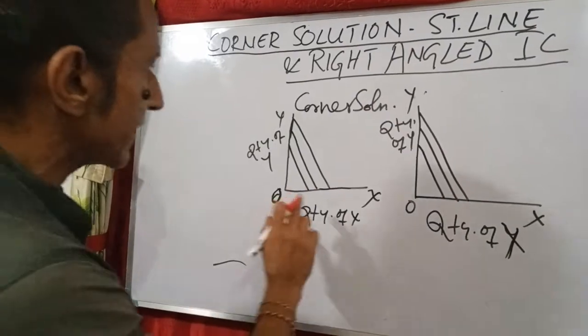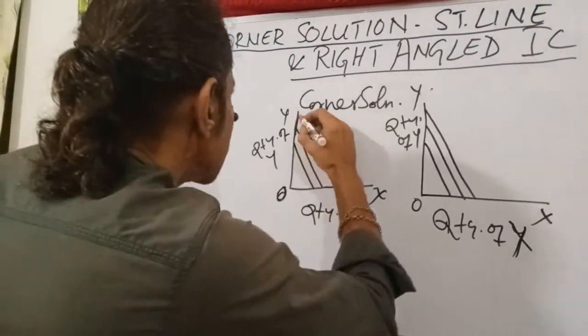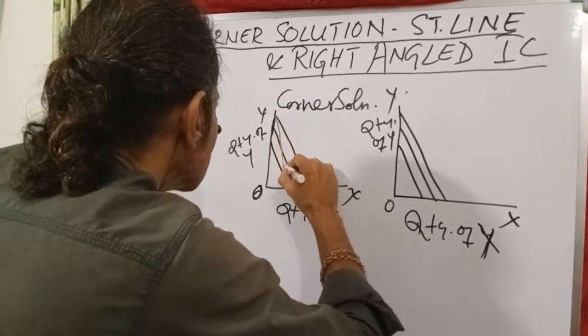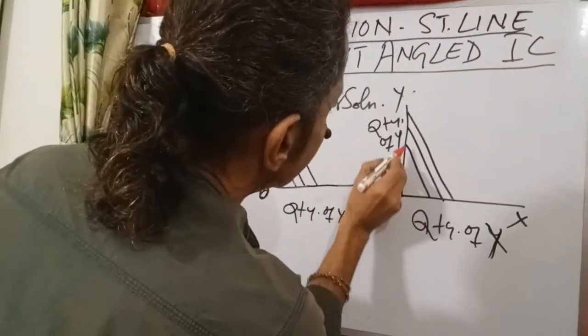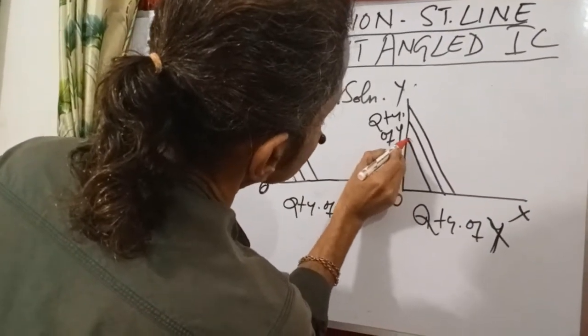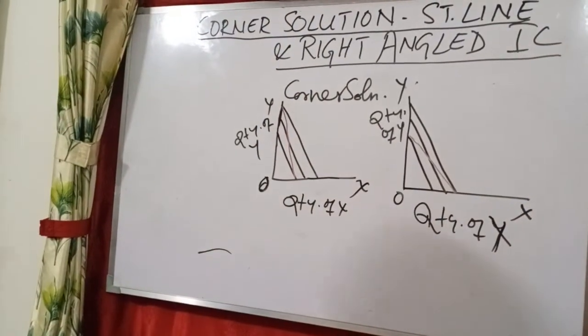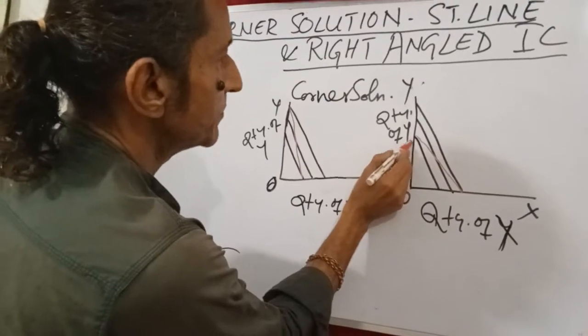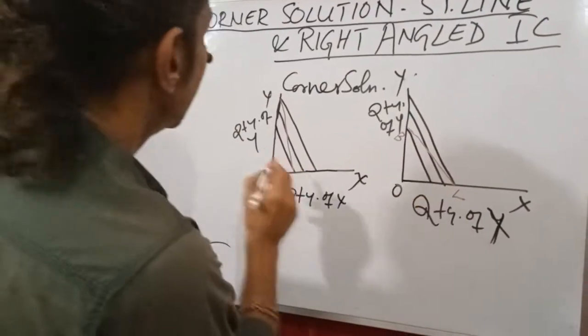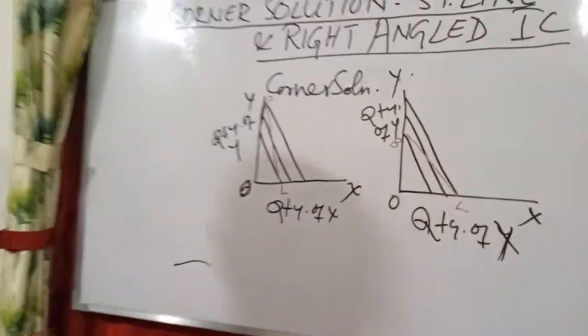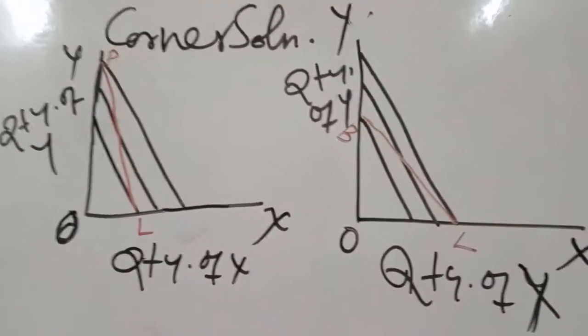Now in this diagram, suppose this is the budget line, and here this is the budget line. Say this is B, this is L, and here this is P, this is L.